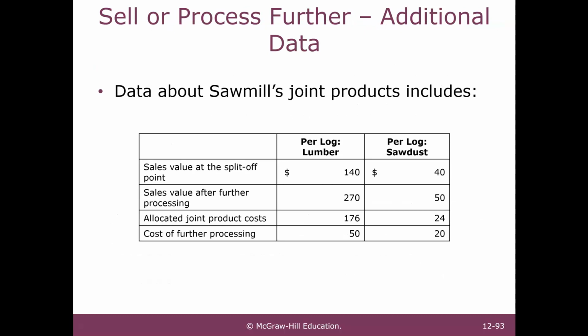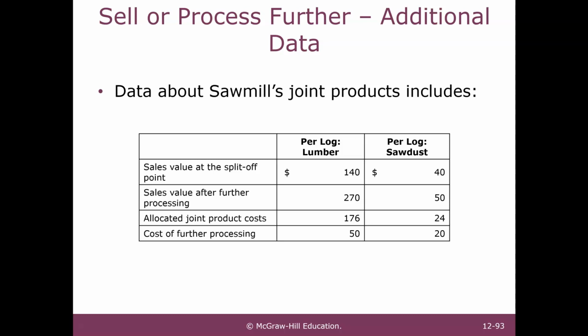So let's look at this one example. We have a lumber, and per log, the sales value at the split off point is $140. You can also have the sawdust, which at the split off point has a sales value of $40. The sales value after processing it further is $270.